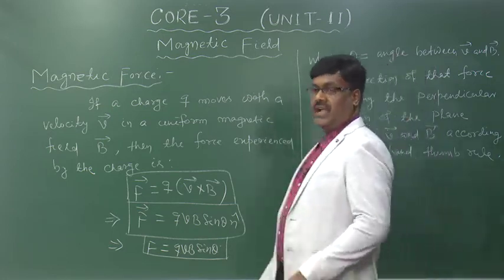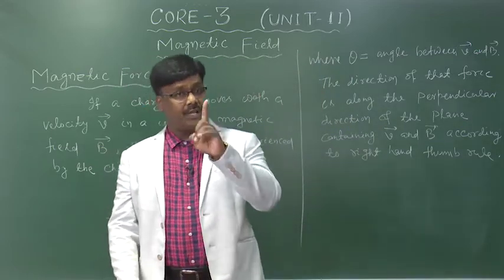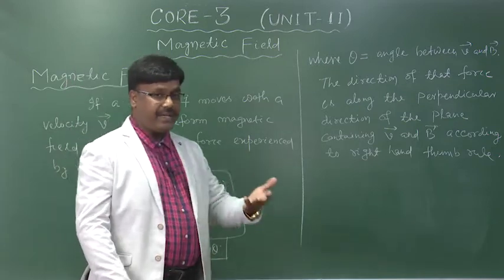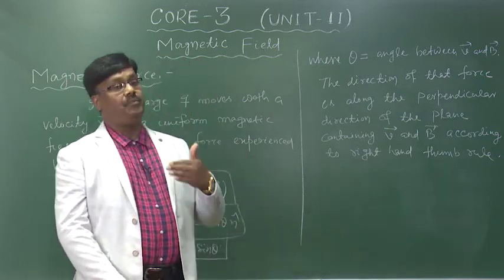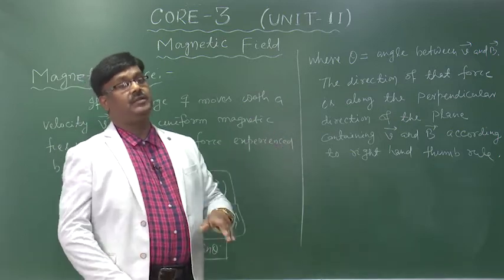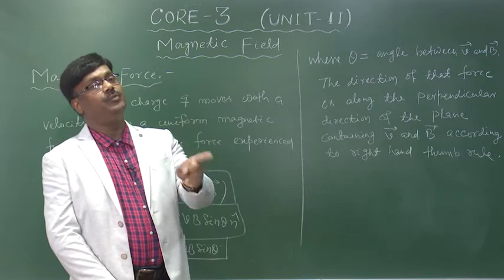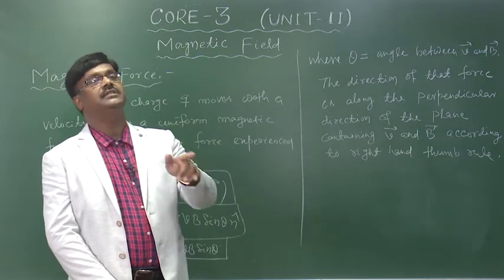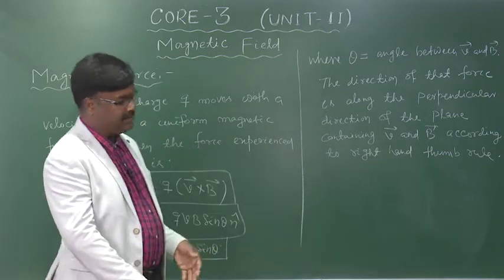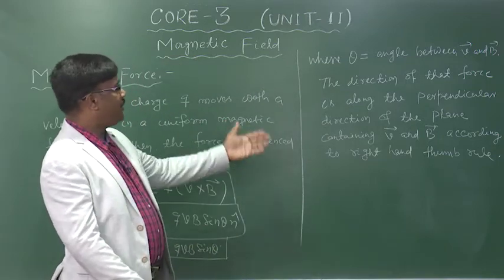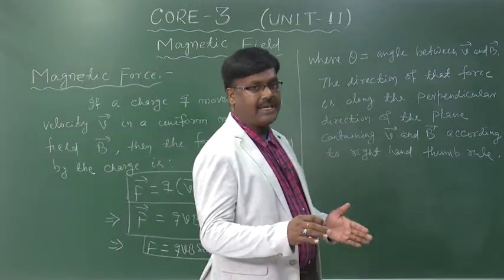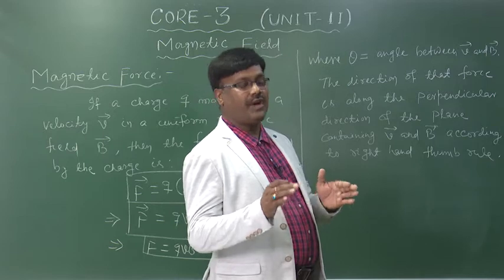Now, as the force depends on theta, then depending on the various values of theta, the force will be different for the same charge moving with the same velocity in the same magnetic field. So, let us discuss what are the probable cases of force for a given value of Q, V and B.